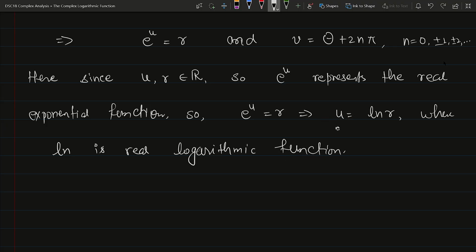Okay, so we have the value of u and the value of v. Suppose we call this equation number 4 and this equation number 5.